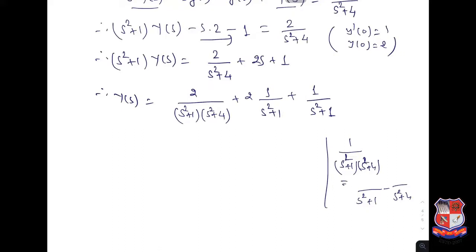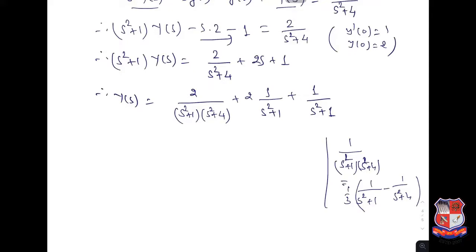So I need to divide by 3 here. That is easy. Or you can make it a upon s square plus 1 plus b upon s square plus 4. That is also not a problem.